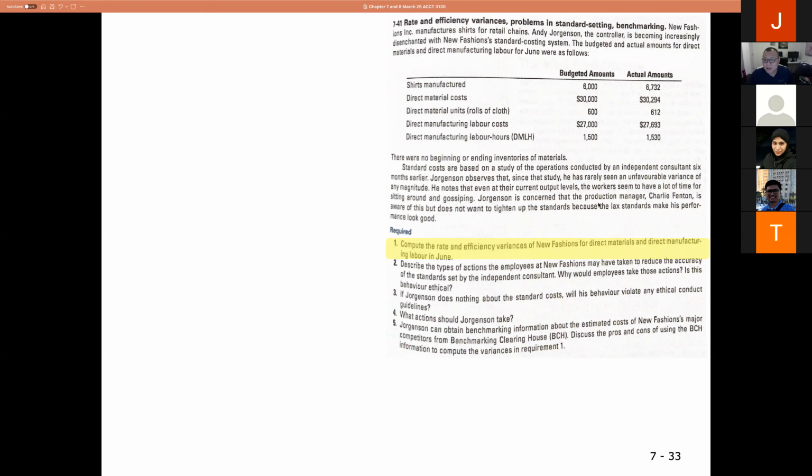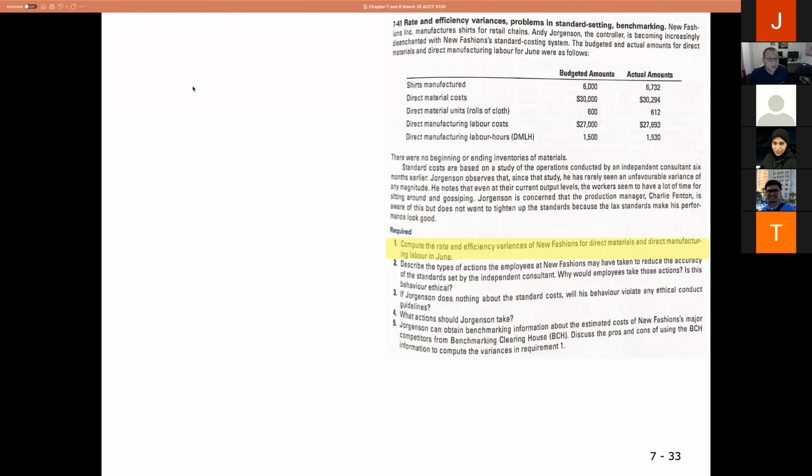The controller is concerned about the production manager. Charlie is aware of this, but does not want to tighten up standards because the lax standards make his performance look good. The first question: compute the rate and the efficiency variance of the company for direct materials and direct manufacturing labor in June.